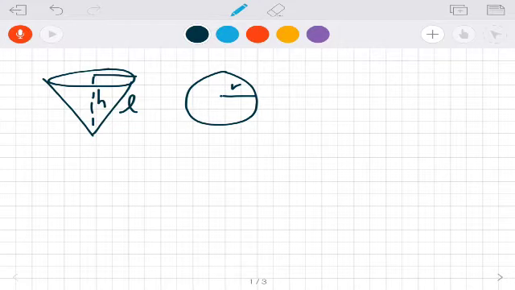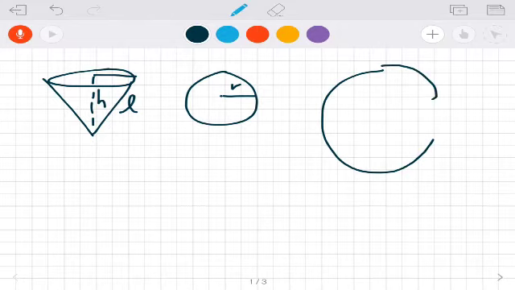But otherwise, what do we do to actually make this other shape? And what you'll find is if you take a circle and you take a chunk out of it to basically make what I like to call a Pac-Man, and then you bring these two sides right here together, it's going to give you a cone.